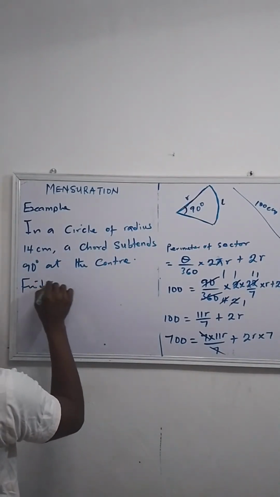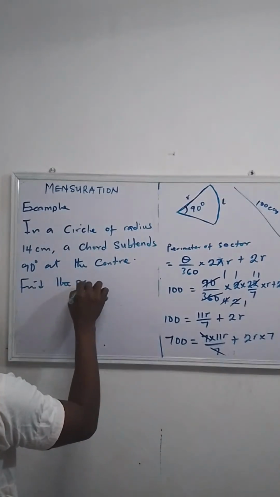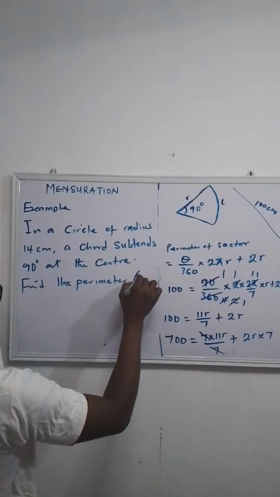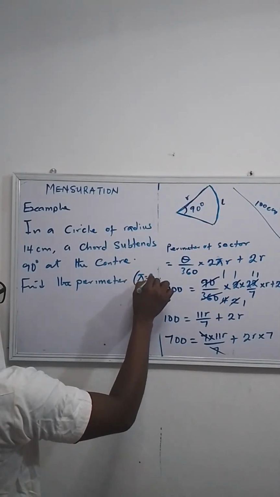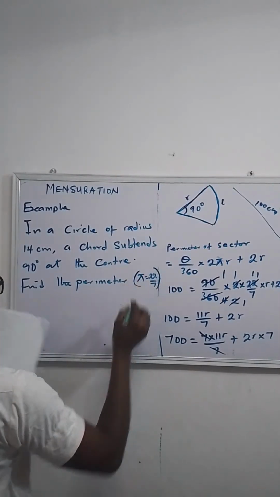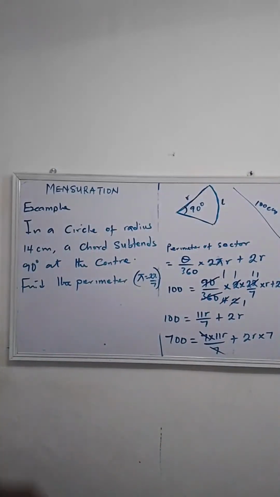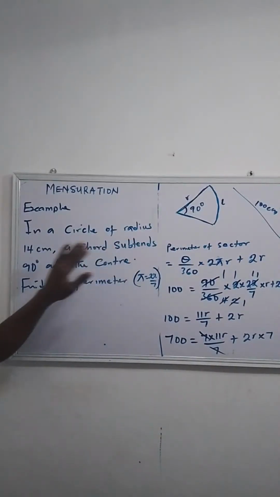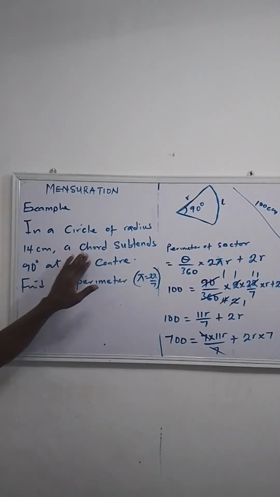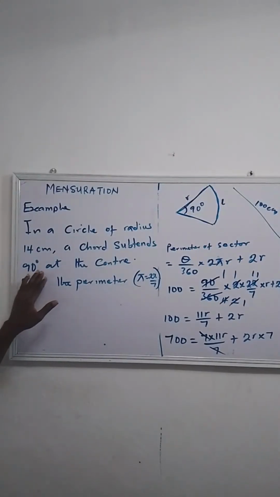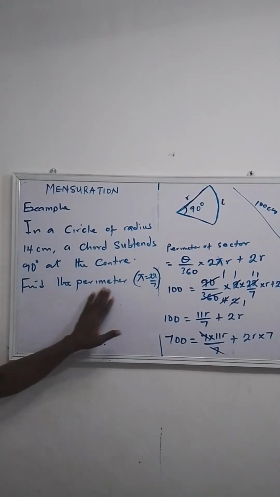Find the perimeter. Okay, now look at this question. In a circle of radius 14 centimeters, a chord subtends 90 degrees at the center. And the question now says, find the perimeter.